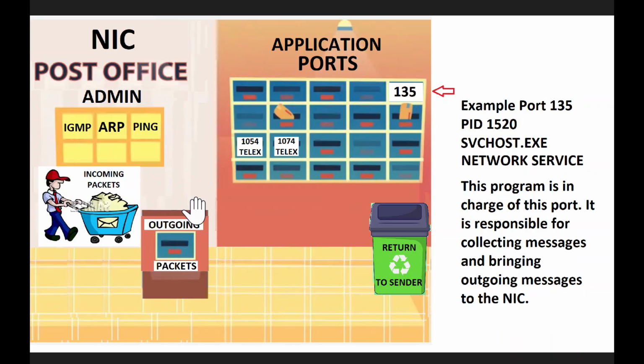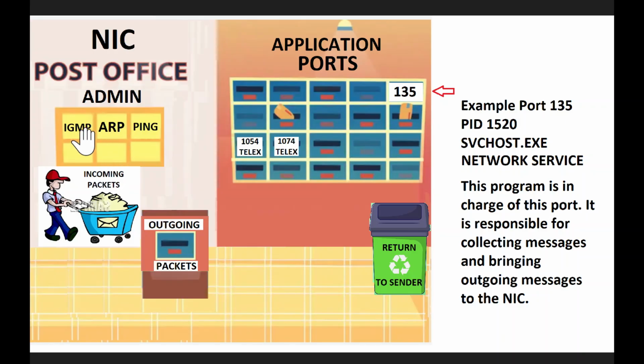What you can see is that as the incoming packets arrive, they have to be sorted, and depending on what their address is will determine where they go. Let's say it's an ARP command, it will not have a port assignment. It's going directly into the admin section of the NIC that handles those types of requests.